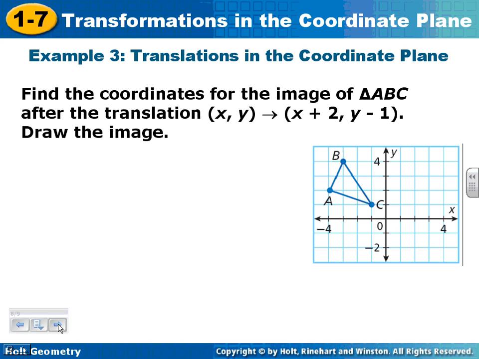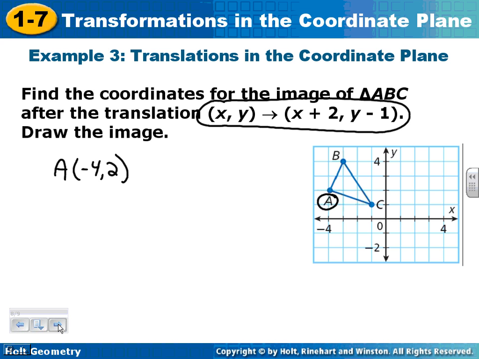This one says find the coordinates of the image, meaning the second one, the image of triangle ABC, after the translation. If you notice this little code right here, we add 2 to the x and subtract 1 from the y. In other words, point A, if you count the coordinates, is negative 4, 2.